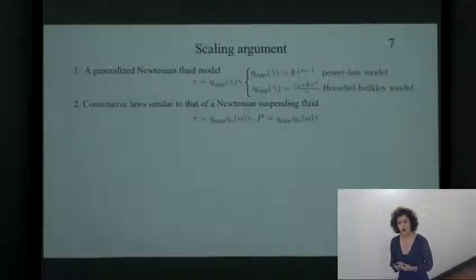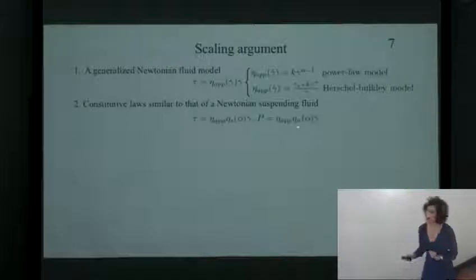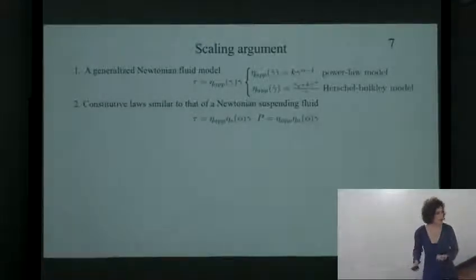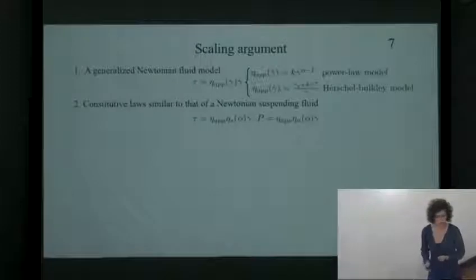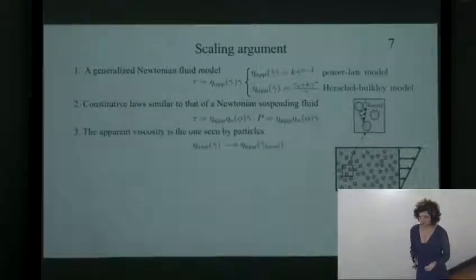Therefore, I can adopt the same relative normal and shear viscosity as that of Newtonian fluid, and write down the shear viscosity or the particle pressure or normal stresses as the apparent viscosity times the relative viscosity times shear rate. But then we know that this apparent viscosity is a function of the shear rate, which is not the case for the Newtonian suspending fluid.